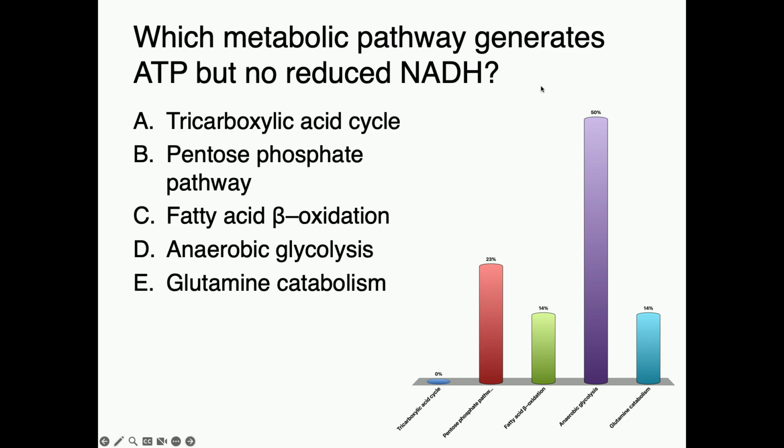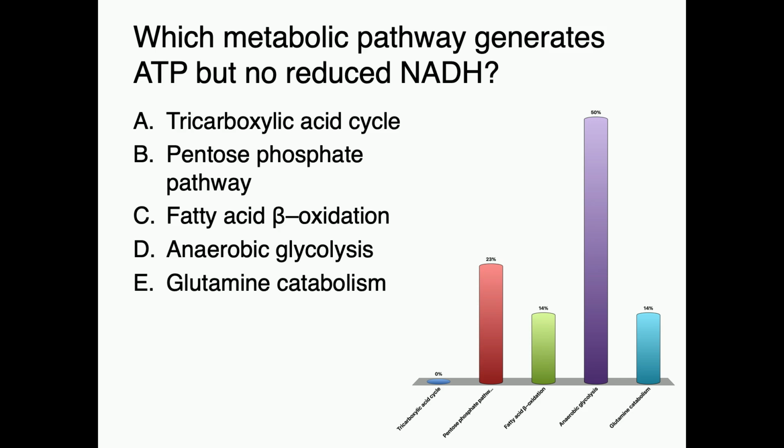Okay, majority of people picked anaerobic glycolysis. What about glyceraldehyde 3-phosphate dehydrogenase? Doesn't that generate NADH in glycolysis? It does, but anaerobic glycolysis, remember the product isn't pyruvate, it's lactate.